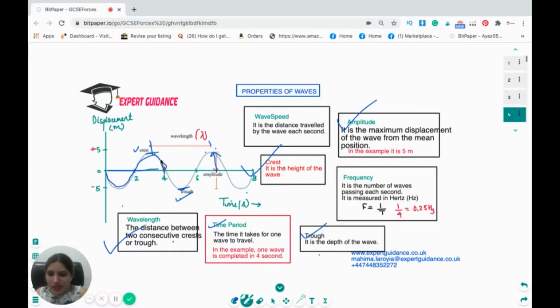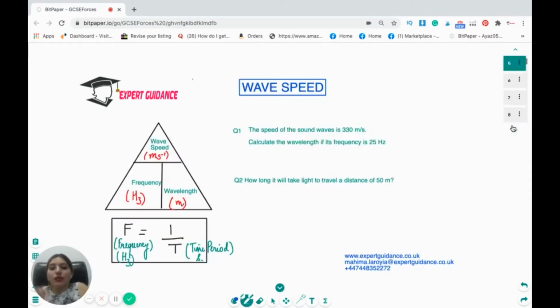This wave is taking 4 seconds to complete, so that is the time period. And frequency is the number of waves per second. So if you do 1 over the time period, you get the frequency. So frequency is 0.25 hertz. And how do you work out the wave speed? Wave speed is the speed traveled by a wave, and you should know the formula for the wave speed. The wave speed is frequency times the wavelength.